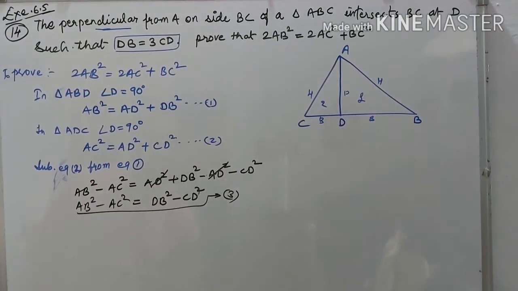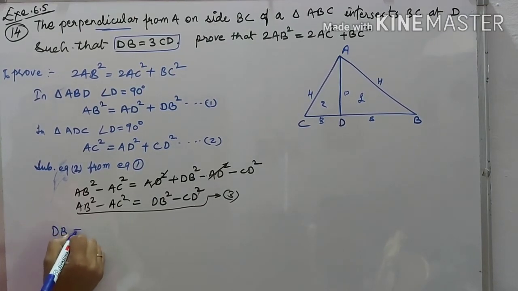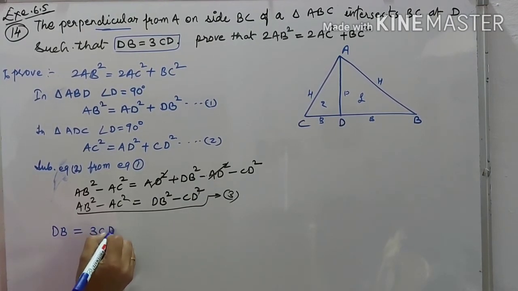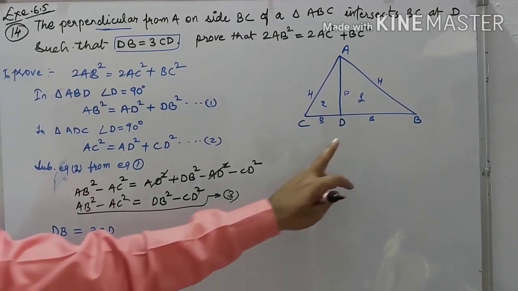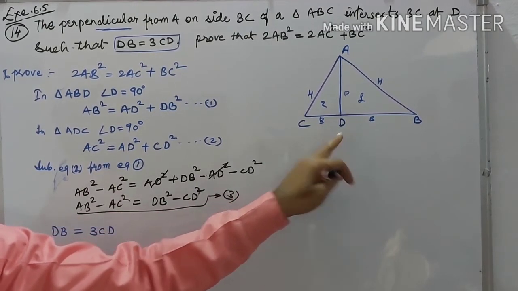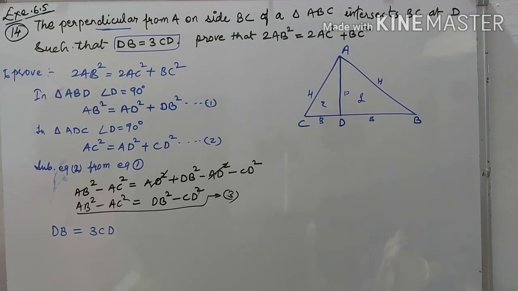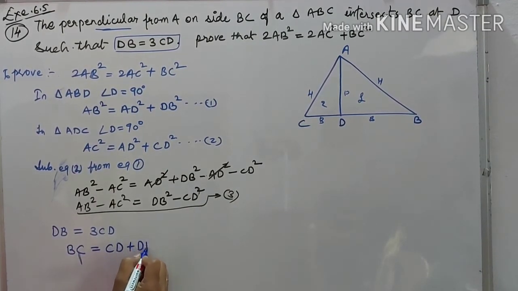Now you check the given. Given is DB is equal to 3 CD. And BC is equal to CD plus DB.